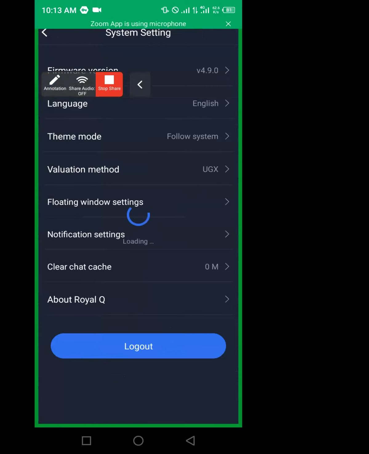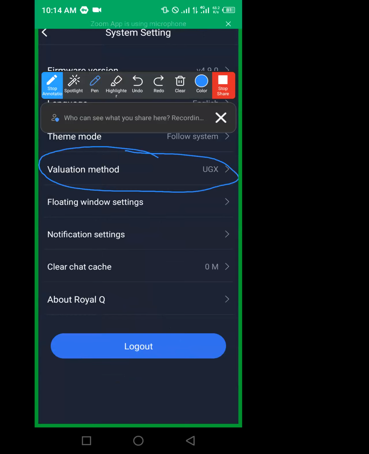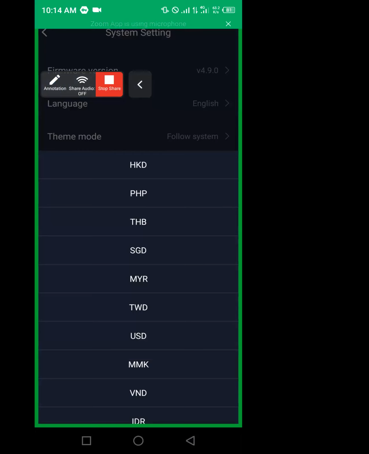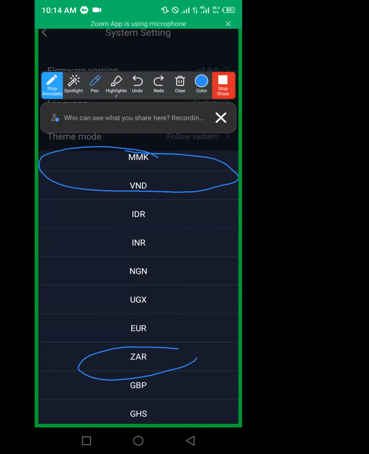In System Setting, first of all, if you want to be seeing your money in Ugandan money, you can come to Valuation Method. When you click there, it is going to give you different currencies. If you are from South Africa, you can click on ZAR for rands. If you want Great Britain pound, you can choose it.